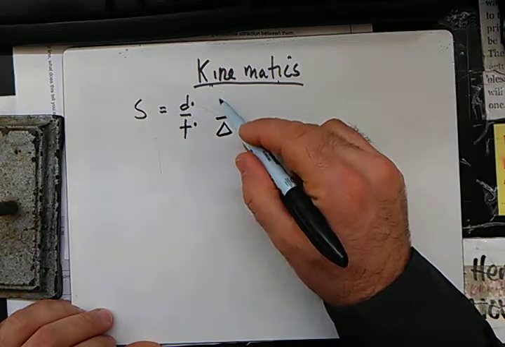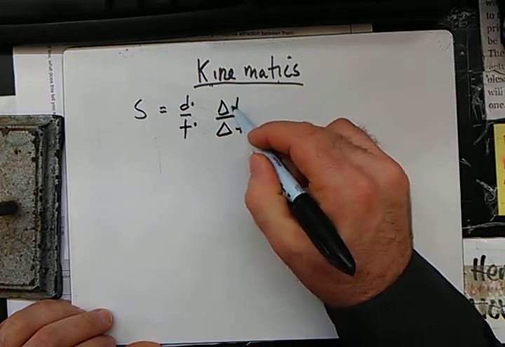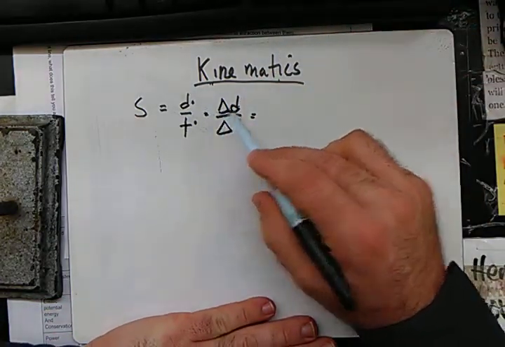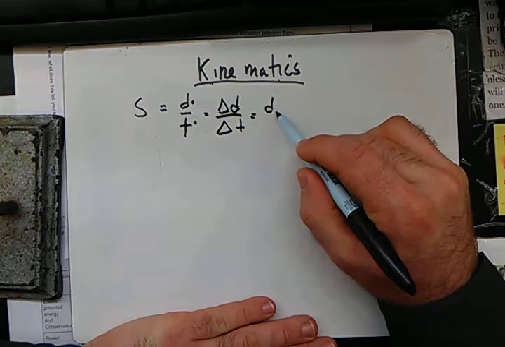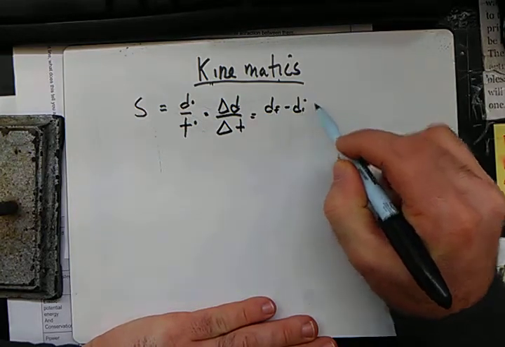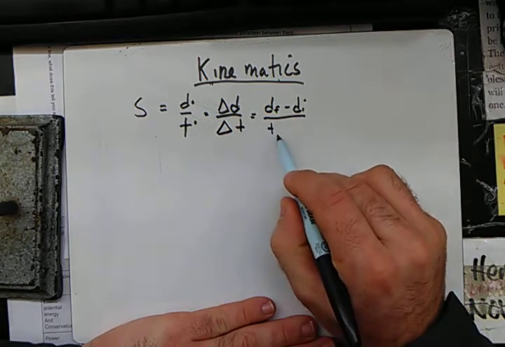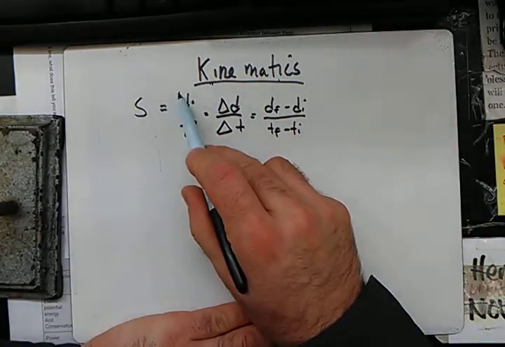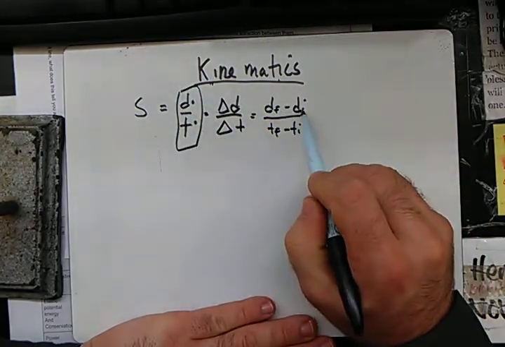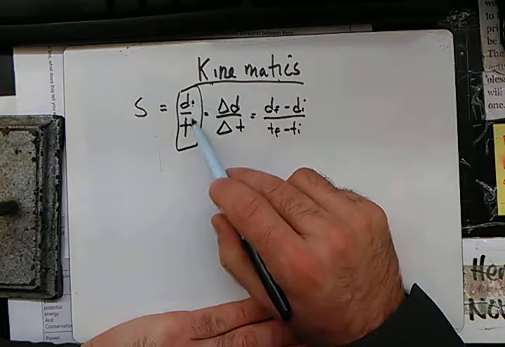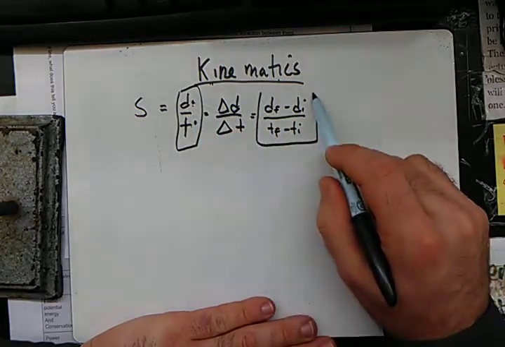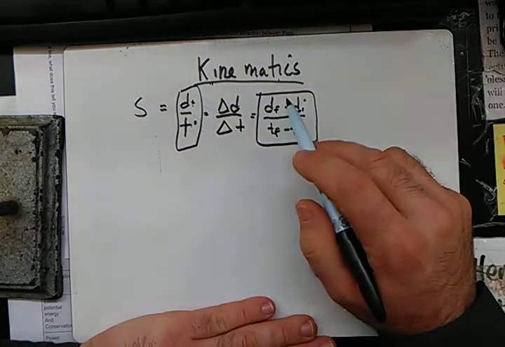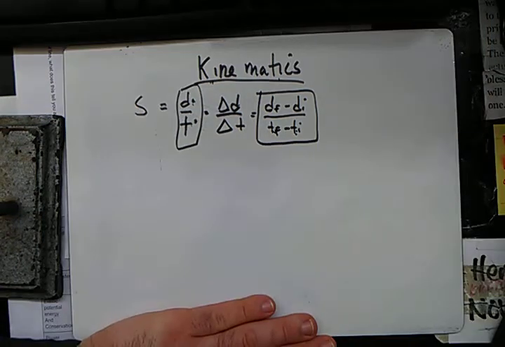The distance can also be a change in distance, so now we're looking at two different distances: distance final minus distance initial over time final minus time initial. So we've got a formula that we can use here. Generally, we started at 0, so we just have to look at one of these. But if you're really looking at it, we are comparing two distances and two times. So we're changing the fundamental into something that we can work with.